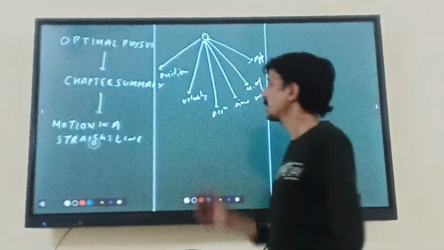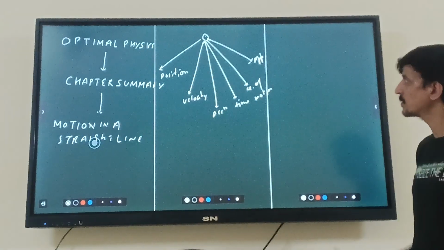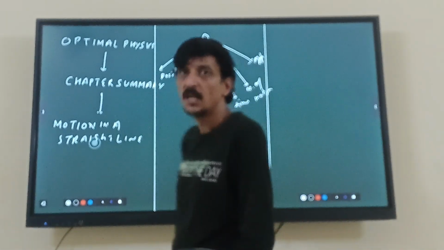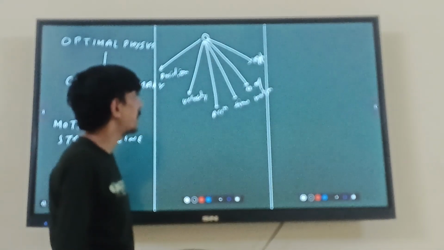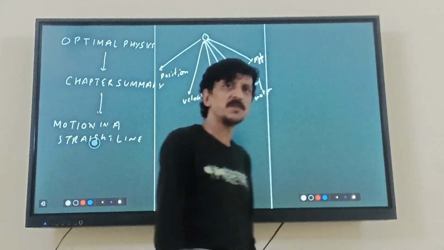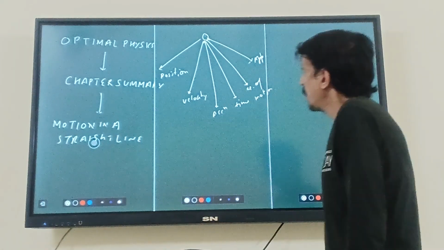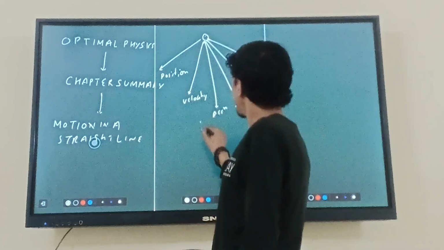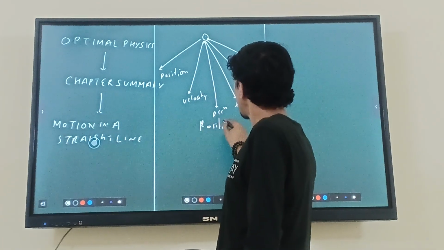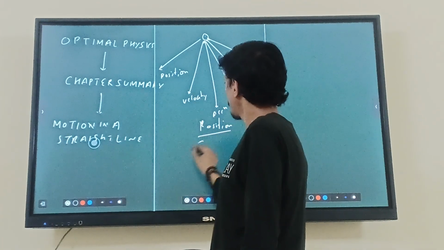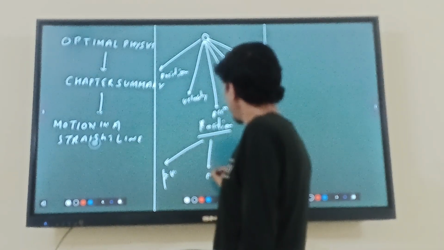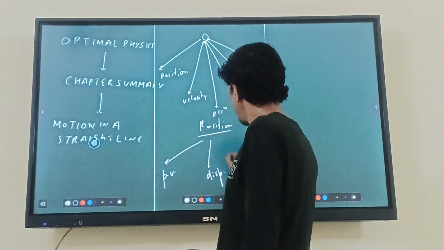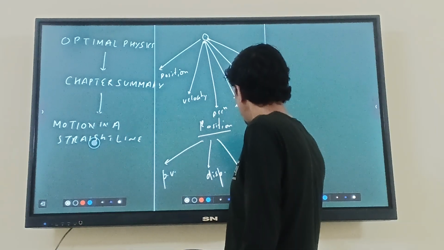So these are the topics in this particular chapter: position, velocity, acceleration, time, equation, and application. Only 6 topics are there. As far as position is concerned, in the topic position, first thing is position vector, second thing is your displacement, and third thing is your distance.